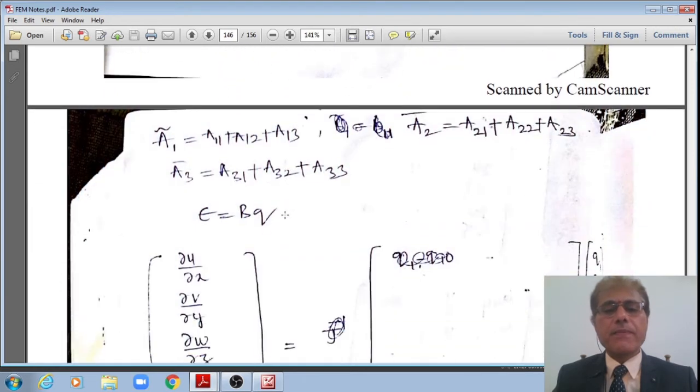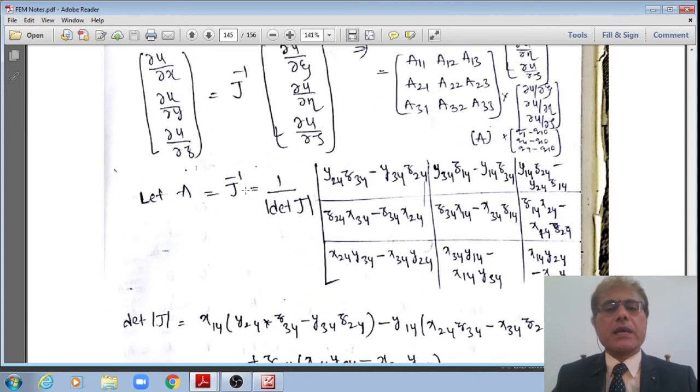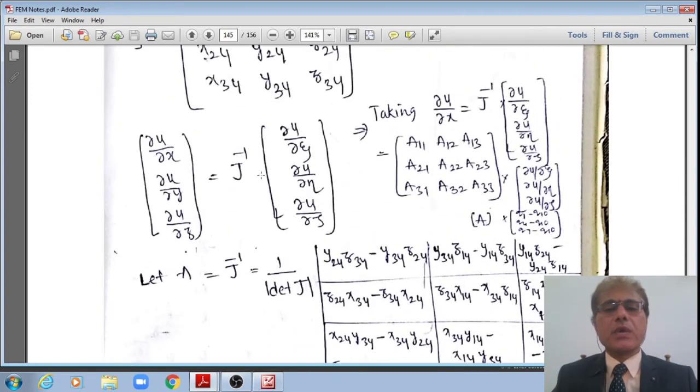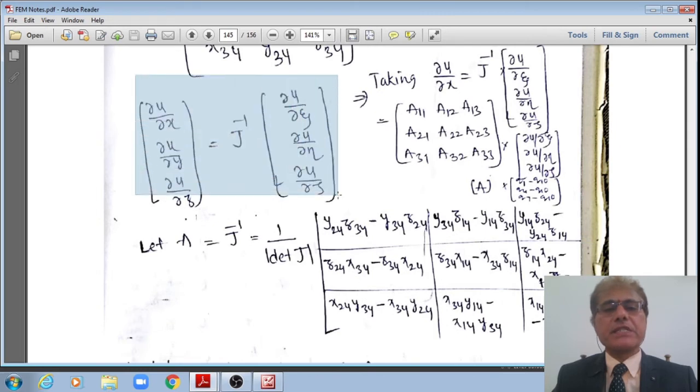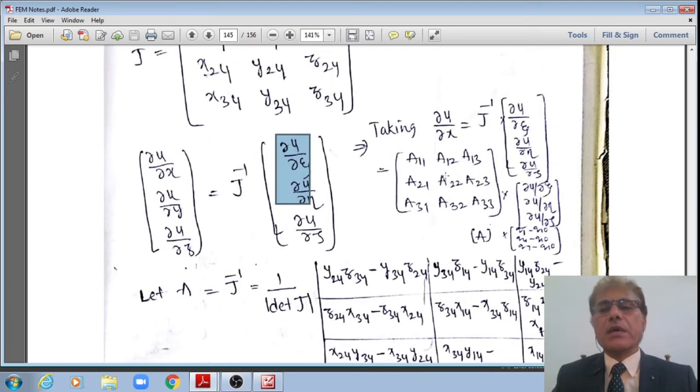Once I do that, this is how you'll get three simultaneous equations, students, by using this Jacobian inverse A operated upon ∂u/∂ξ, ∂u/∂η and ∂u/∂ζ.